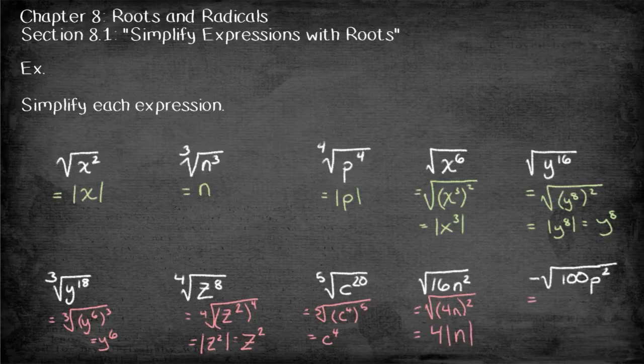Lastly here, I am taking the negative square root of 100p squared. Similar to the other situation, 100p squared is a perfect square. So we'll have negative 10 times the absolute value of p. So that's just for warm-up. Let's get into something a little bit more intense.